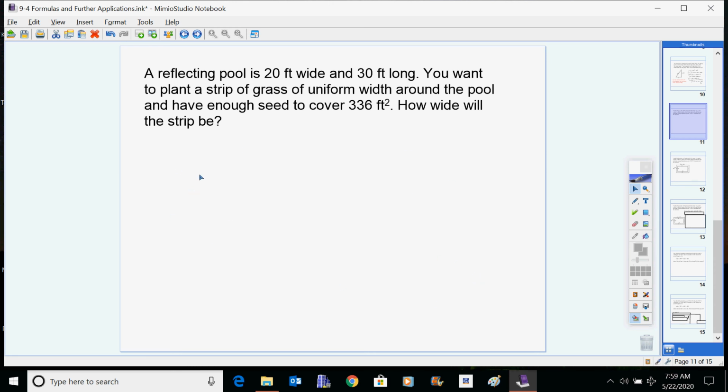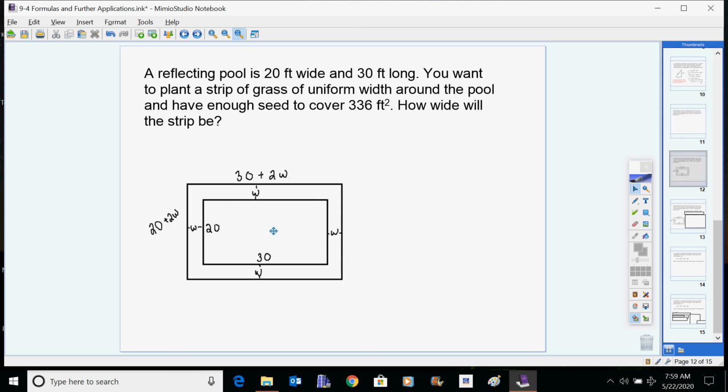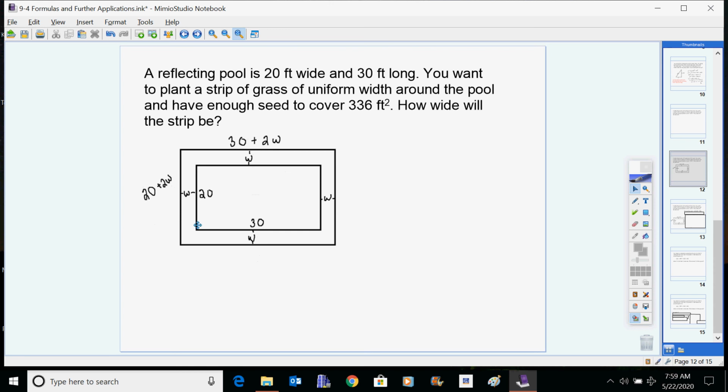So we're going to draw that out. You have the reflecting pool. You don't put grass seed in the reflecting pool. You just put it on the strip around the reflecting pool. We know that the pool is 20 by 30, and we don't know how wide that strip is going to be. So here's our picture that we can use. 20 by 30 is our reflecting pool. The strip around it is W all the way around.